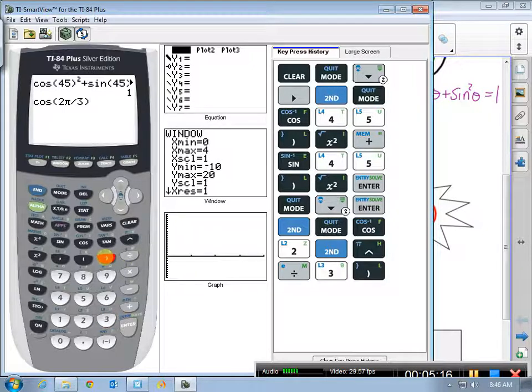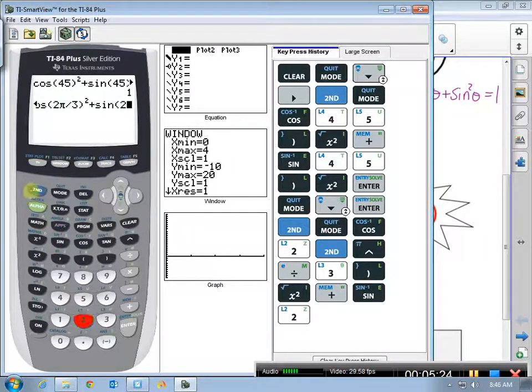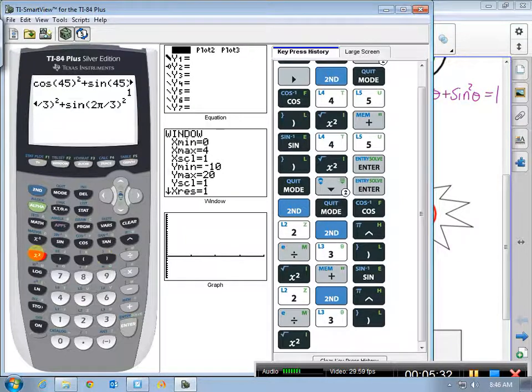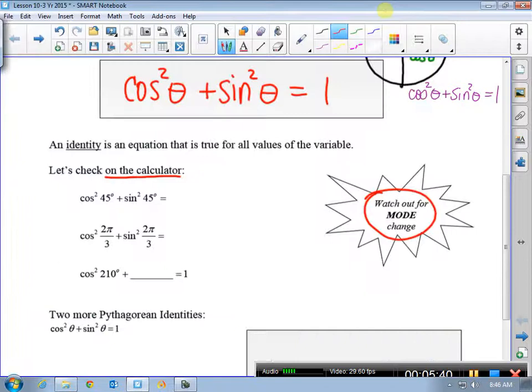Close your parentheses and square it. Plus sine of 2 pi divided by 3. Close it and square it. So this is how we do functions squared. And when we hit enter, again you see 1.